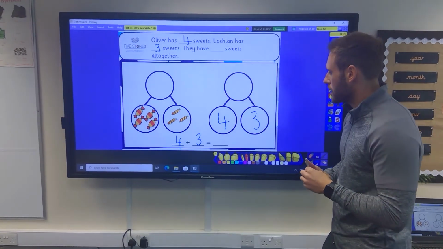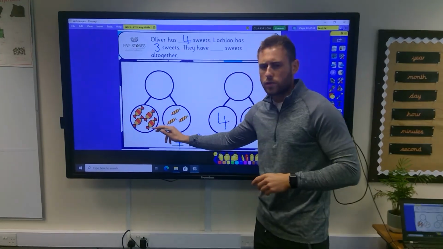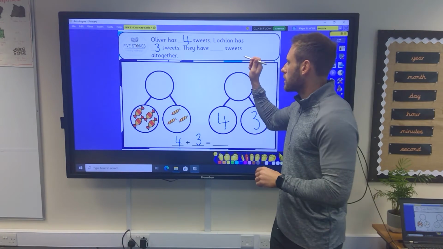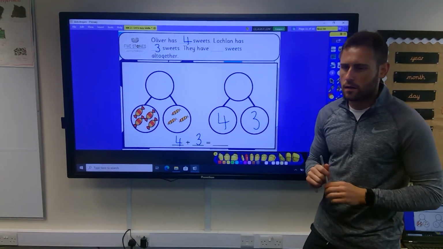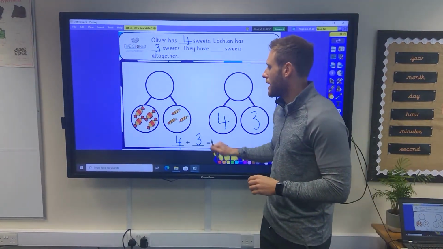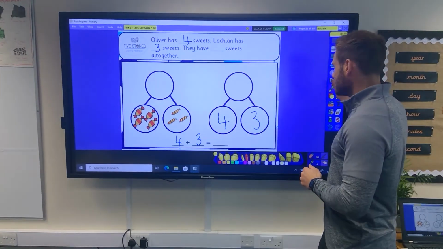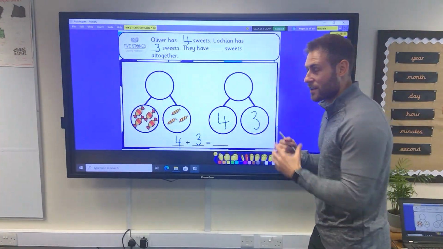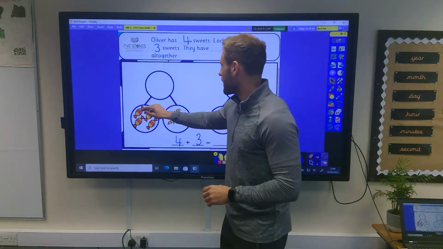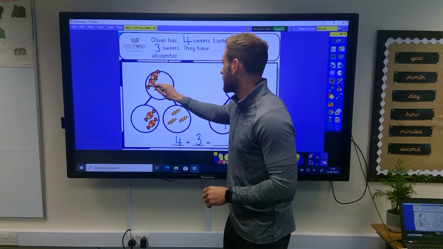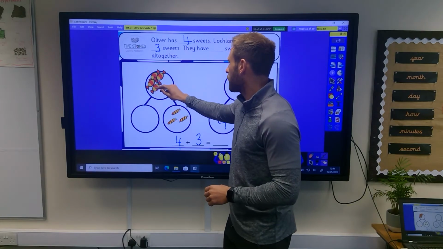So now, if Oliver has 4 sweets and Lachlan has 3 sweets, how many sweets do they have all together? You're right, we're going to have to add the sweets up. So we know that Oliver has 1, 2, 3, 4 sweets.